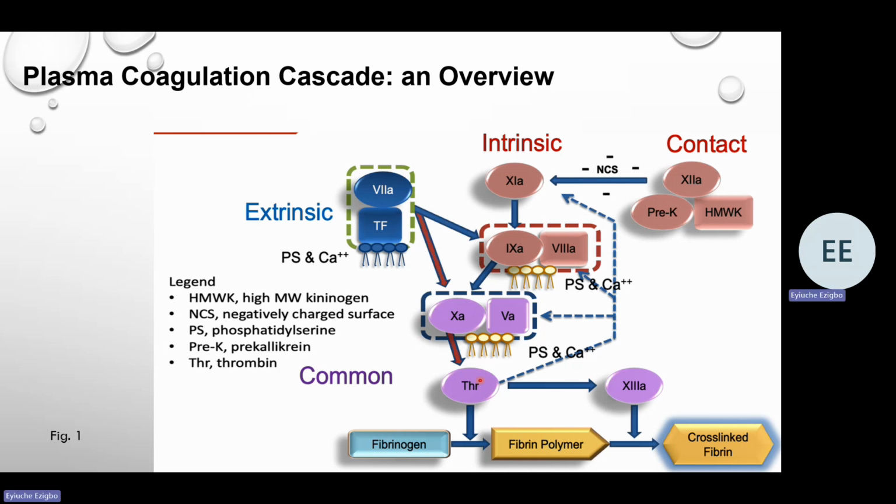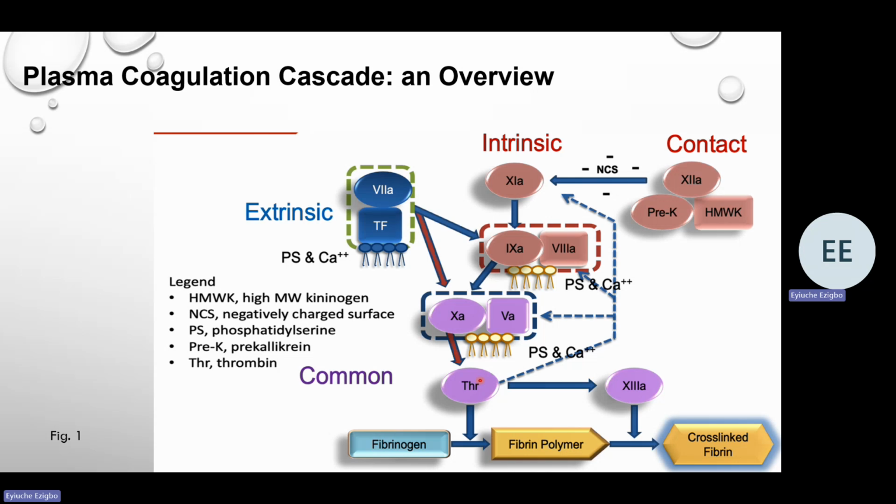The activated thrombin also activates factor 11, which activates factor 9, and then the activated factor 9 binds factor 8 in the presence of ionic calcium and PS that comes from the platelet membrane.